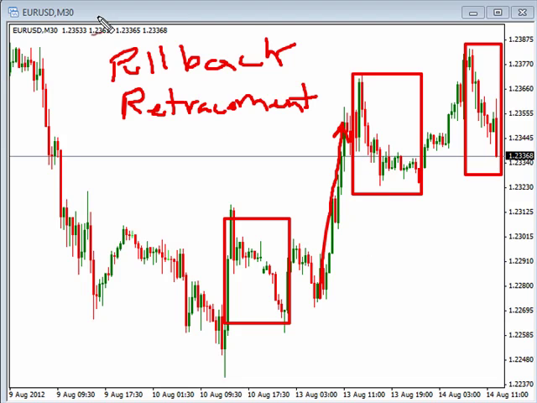Now, we can use multiple things. We can use the moving average. We can use the prior swing highs or lows.